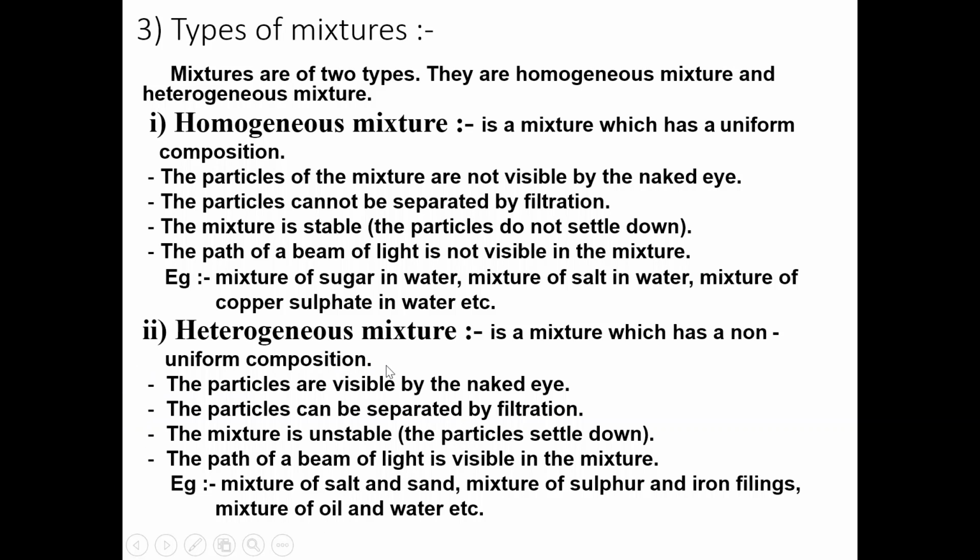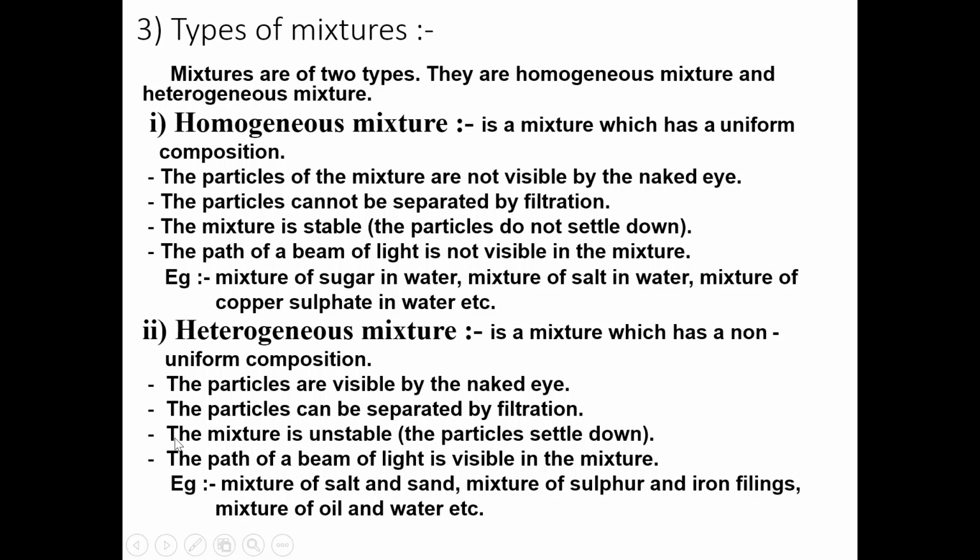So a heterogeneous mixture is a mixture which has a non-uniform composition. Non-uniform means different. The particles are visible to the naked eye as the mixture is not properly mixed, so we can see the particles by our naked eye.